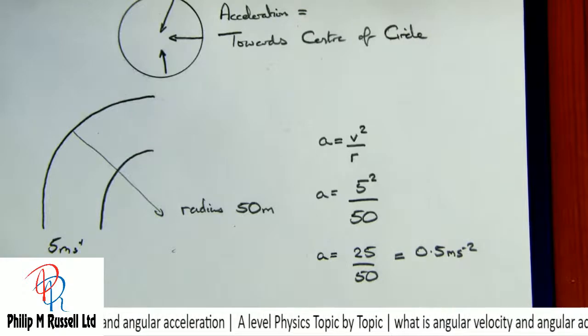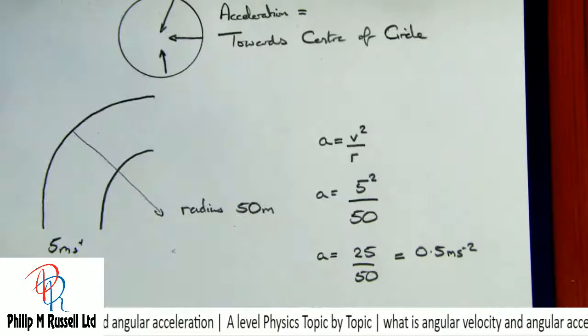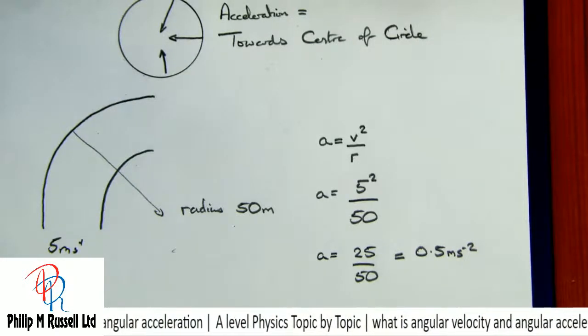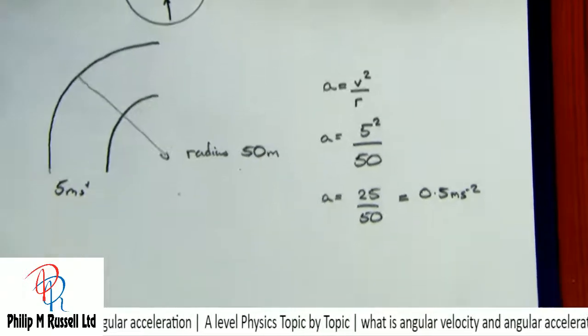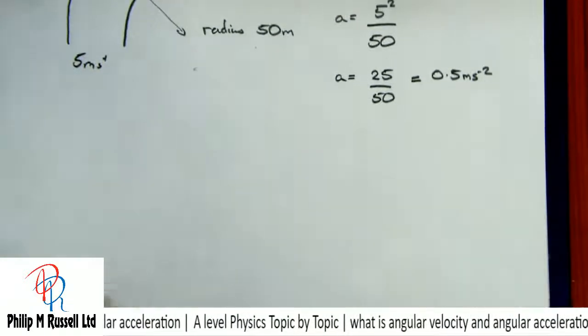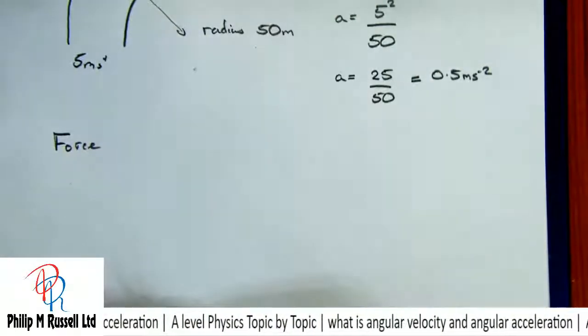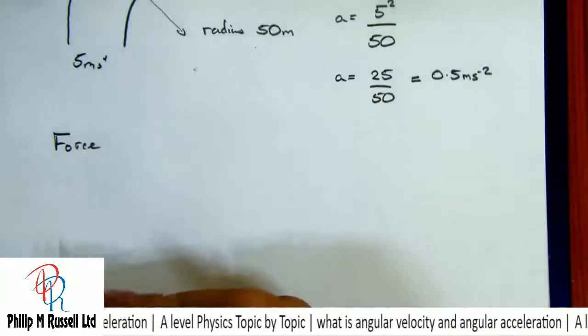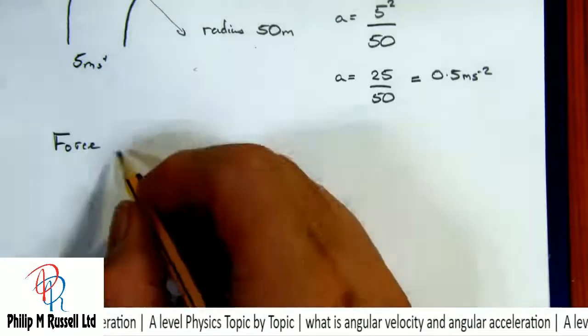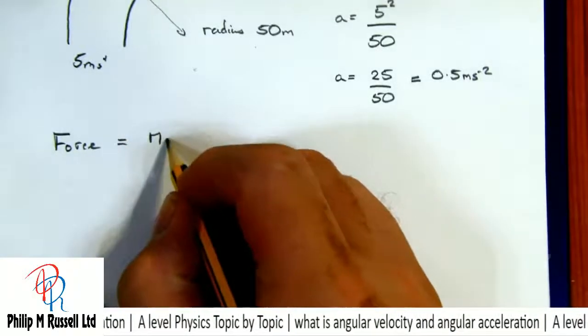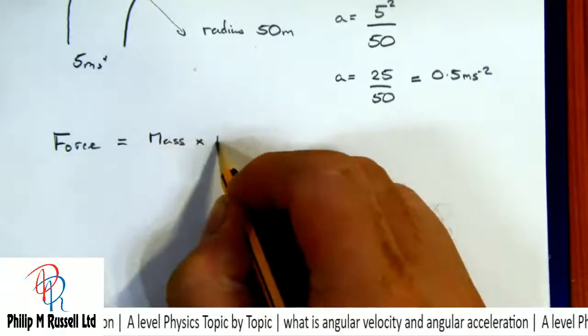Now, if we're going to do that, then we can also work out there's going to be something here to do with a force. And our force, we know, equals the mass times the acceleration.